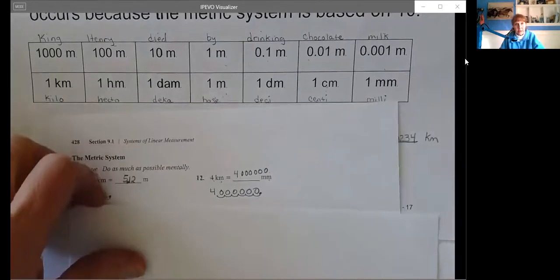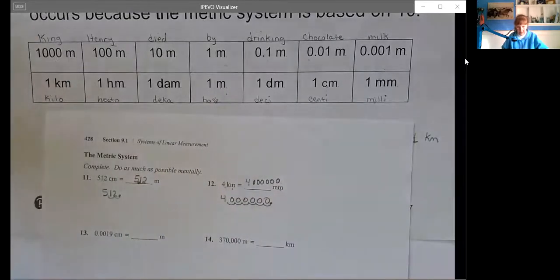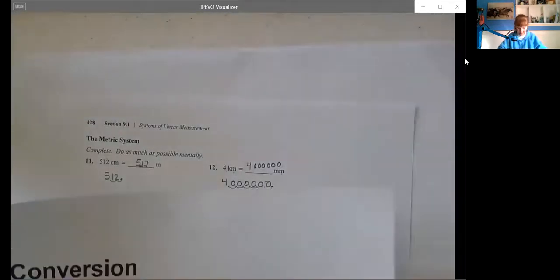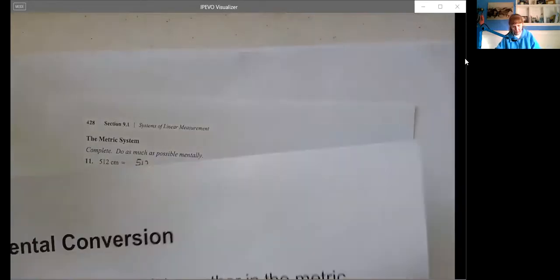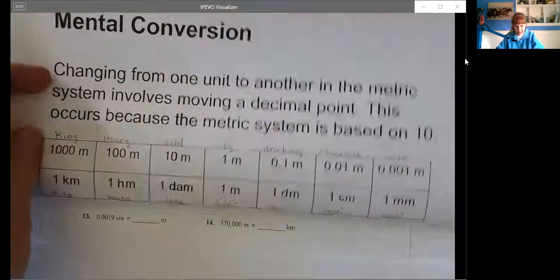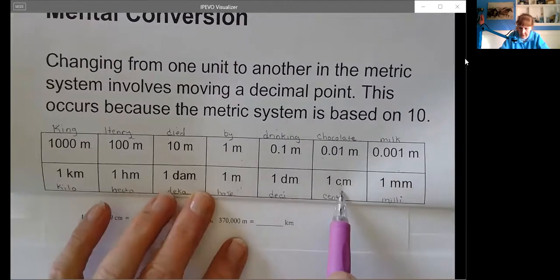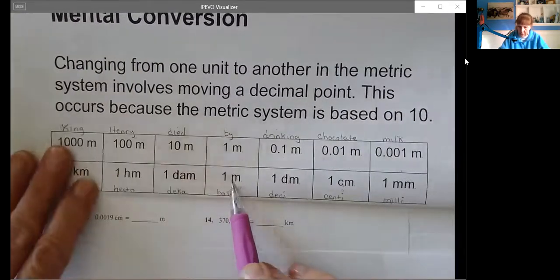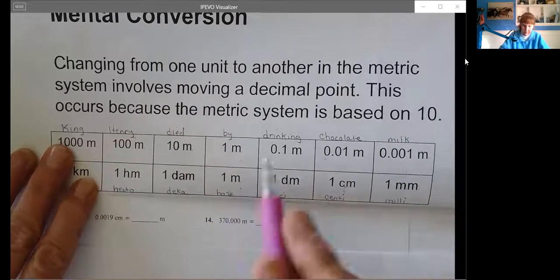All righty, let's look at another one. Here, we want to go from centimeters to meters. To go from centimeters to meters, you're going to move it to the left 1, 2.